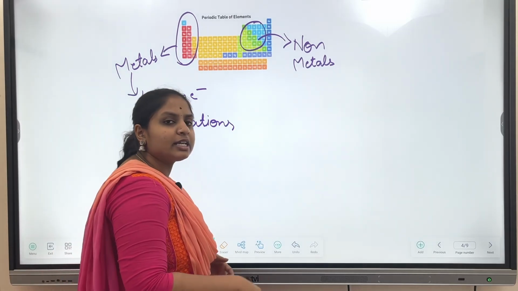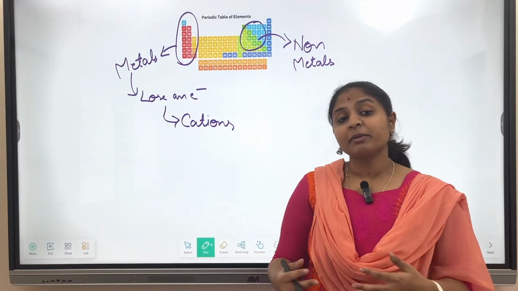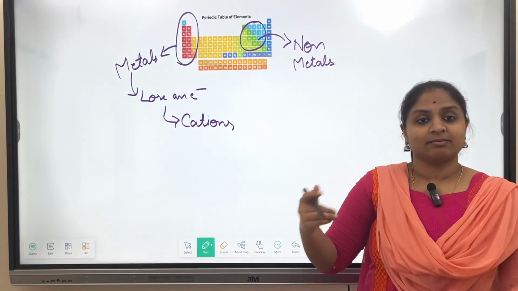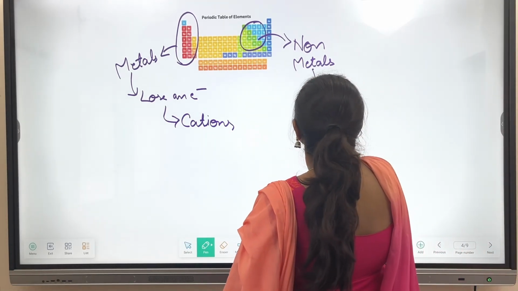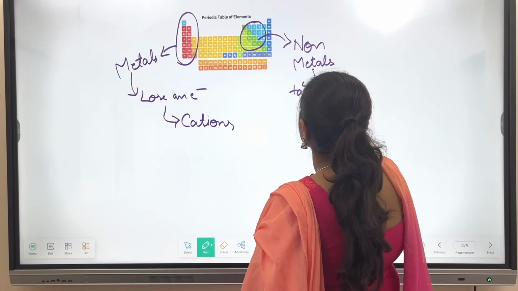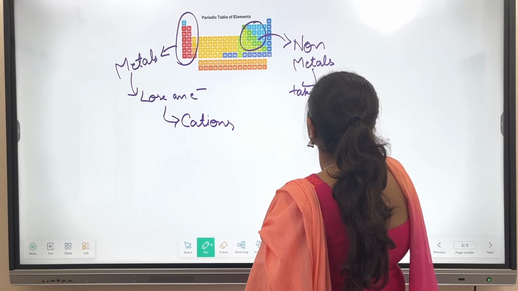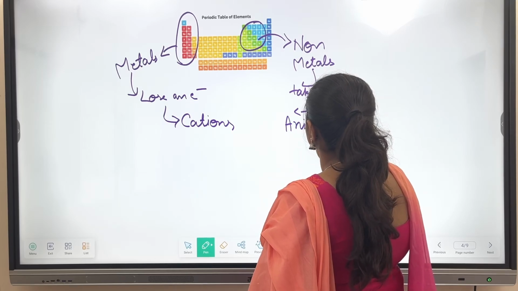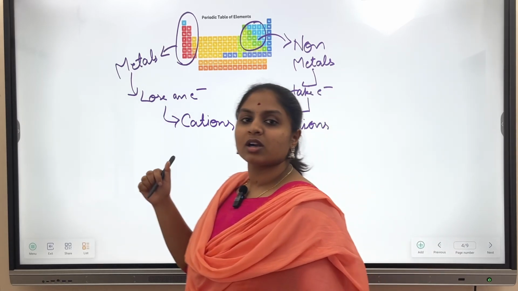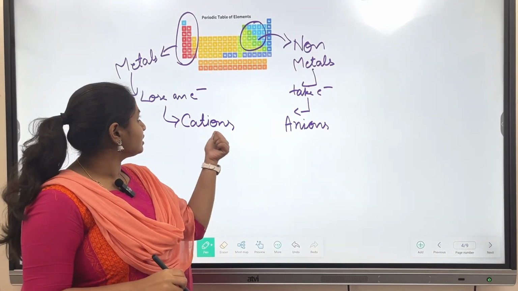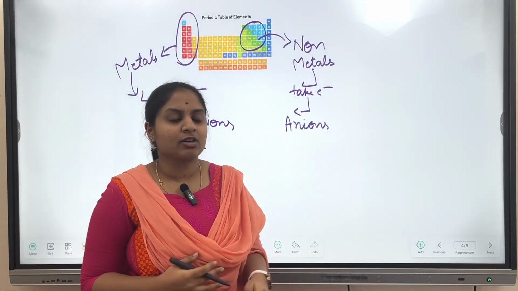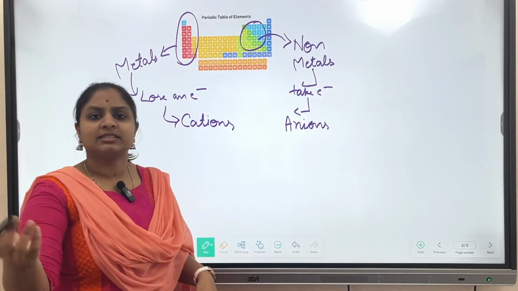The same way, even some non-metals don't lose an electron but take on an extra electron. They snatch some extra electron. So when they take an electron, we call them anions. So what are cations? Cations are the ones which will lose an electron. Anions are the ones which will take an electron. Now cations. Let's take some examples.